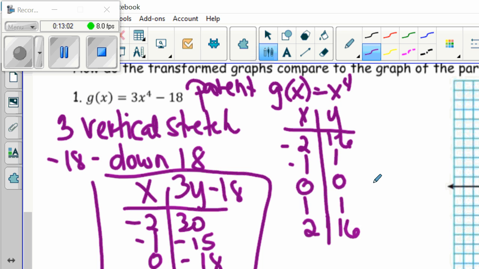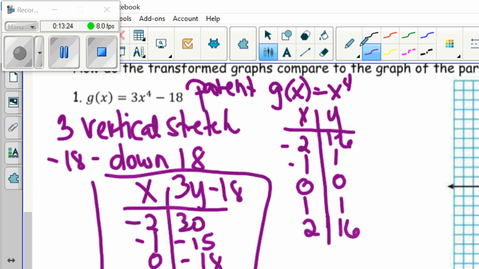So -1, we're at -15 right here. Same with +1. I'm going to do by 2's going up as well. So 2, 4, 6, 8, 10, 12, 14, 16. So my 30 is going to be way off my graph, so over 2 up, somewhere way up here.